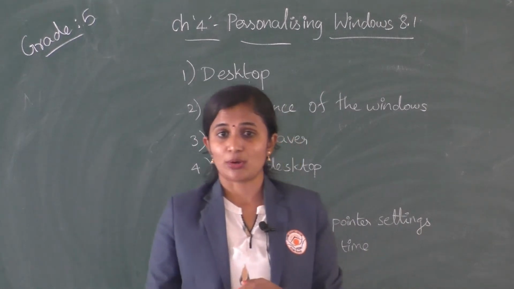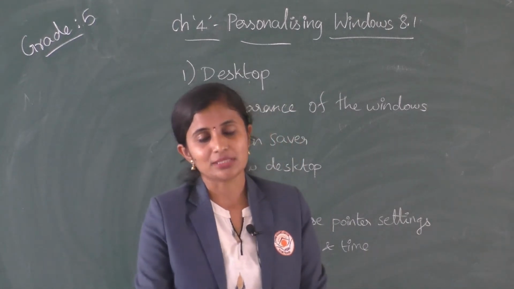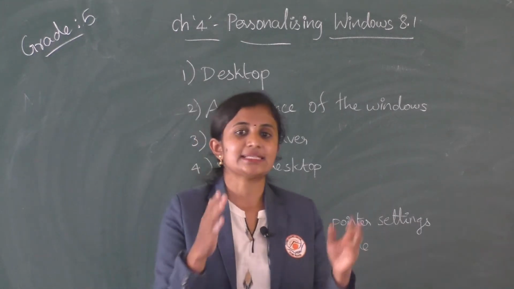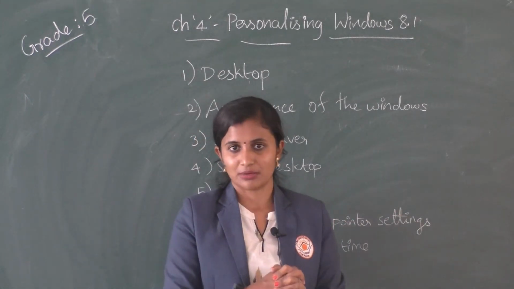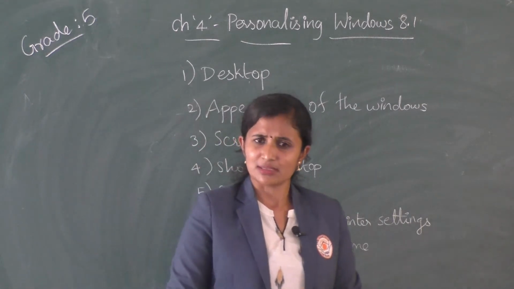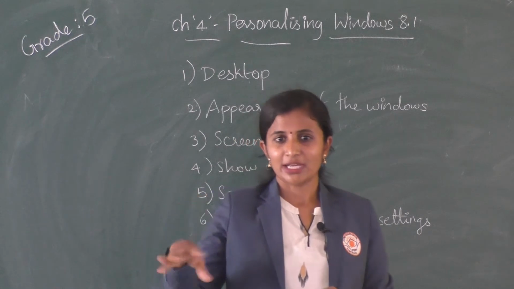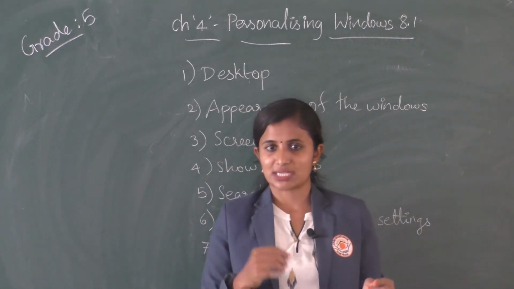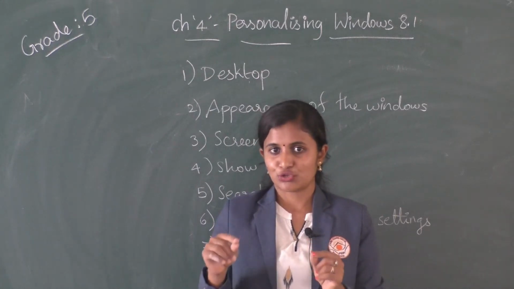And show desktop. In show desktop, whatever files we are keeping or working on, we can see in the show desktop option. Next is the search button. Whatever file or document we need to search, we go to the start button, where there is a search option.